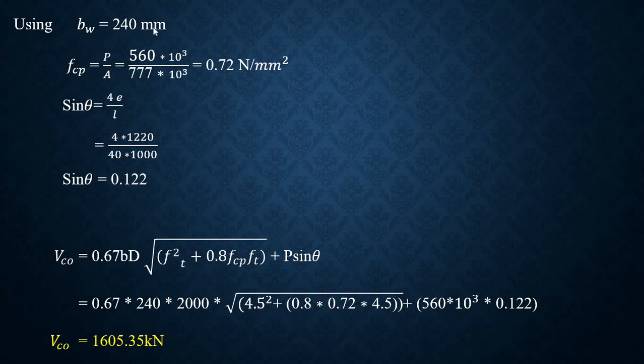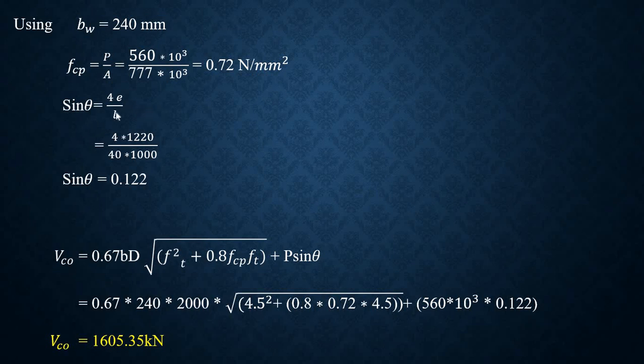So get back here. bw is equal to 240 mm. fcp formula is P by A, that is load by area. How much load have they given? It is 560 into 10 power 3 whole divided by the area of the section, 777 into 10 power 3, is equal to 0.72 Newton per mm square, which is the fcp value. Next is sin theta is equal to 4e by L. This formula is used when it is a parabola with concentric.